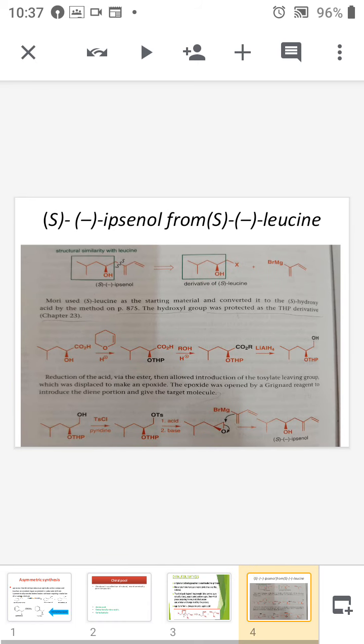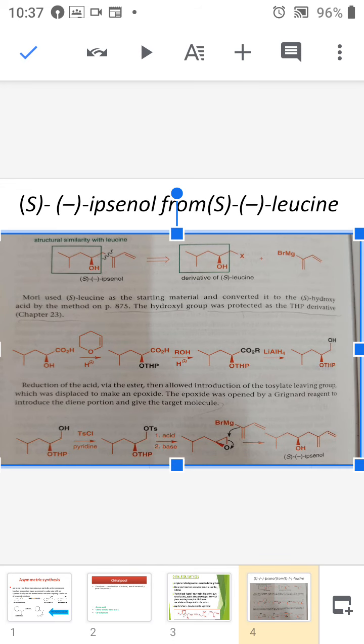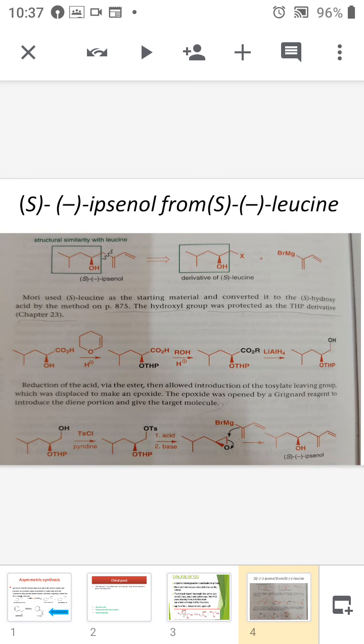Now we move to another example, S-ipsenol, which can be prepared from S-leucine. You know that S-leucine is an amino acid, and this is the structure of ipsenol. Ipsenol is the targeted molecule, and if we do the retrosynthetic analysis we get a derivative of S-leucine and a Grignard reagent.